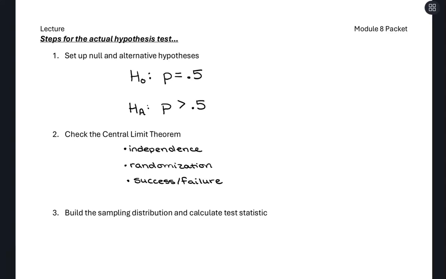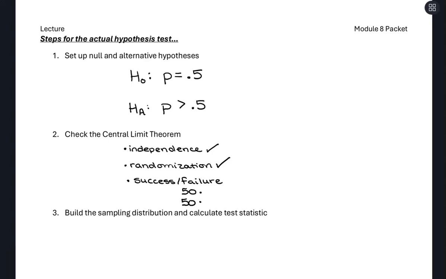Okay, so this should be looking similar to our work with confidence intervals. And just like with confidence intervals, with independence and randomization, let's go ahead and just check those off. We're good. I'll give you examples that only have those met. So we'll assume we're all good there. Success failure, what we need to do is take our sample size times p and q.